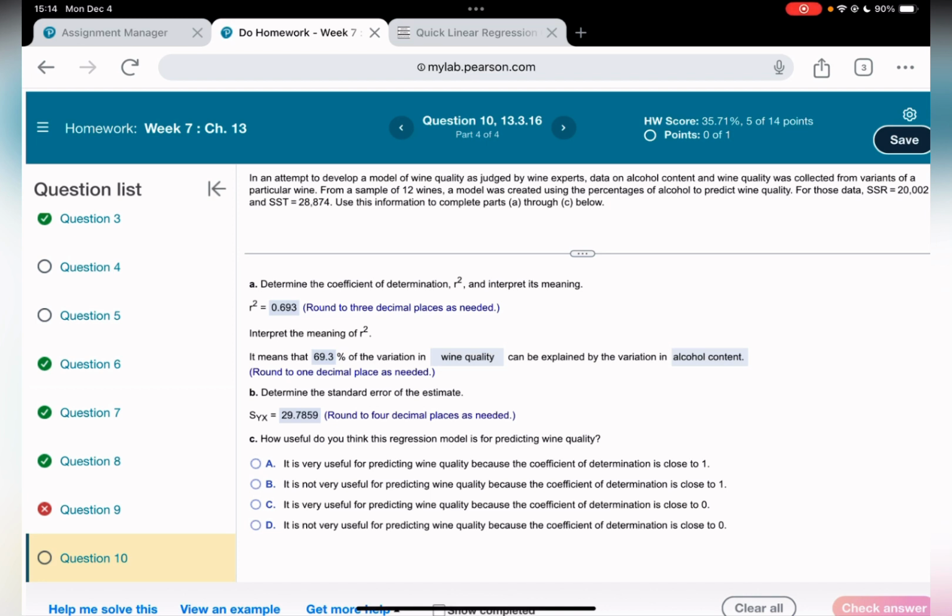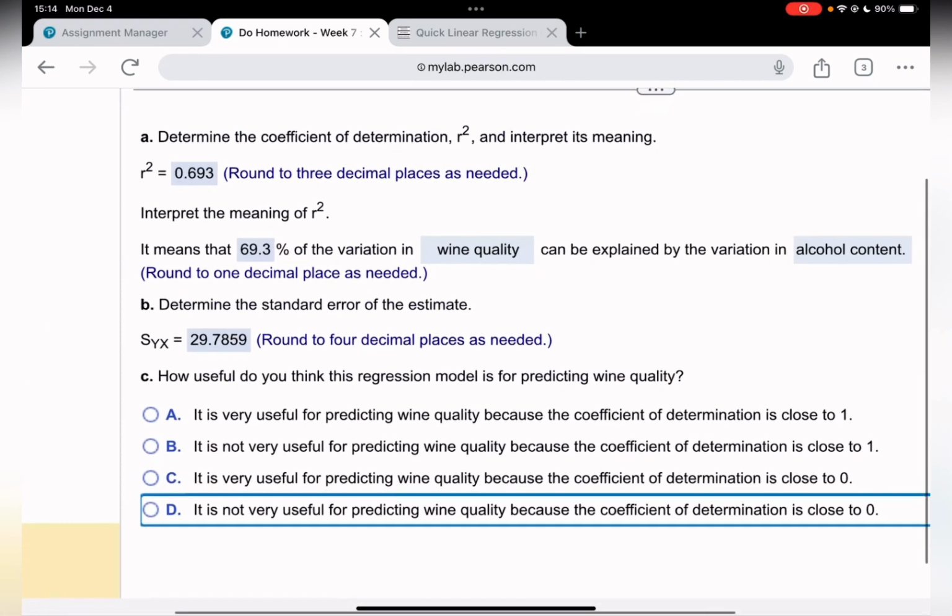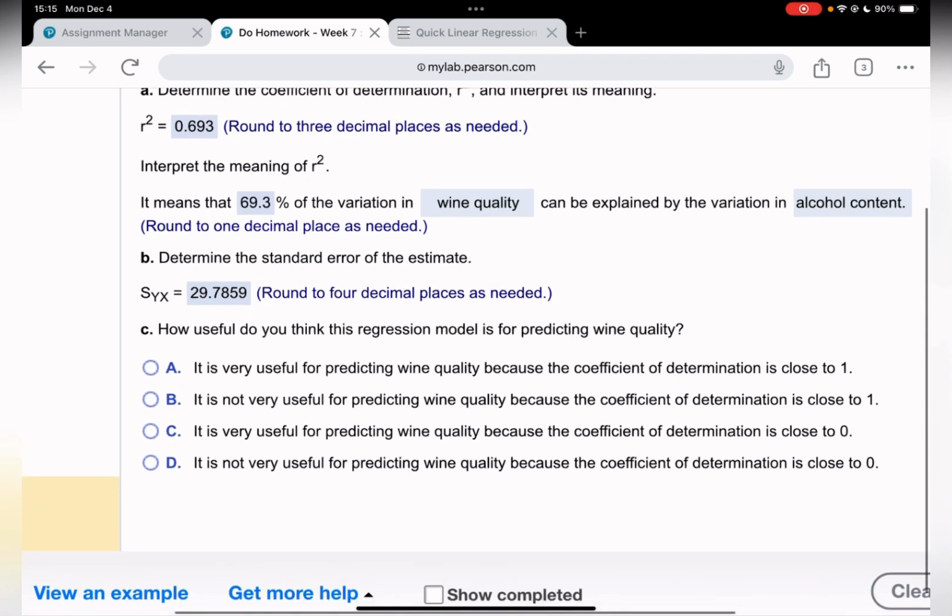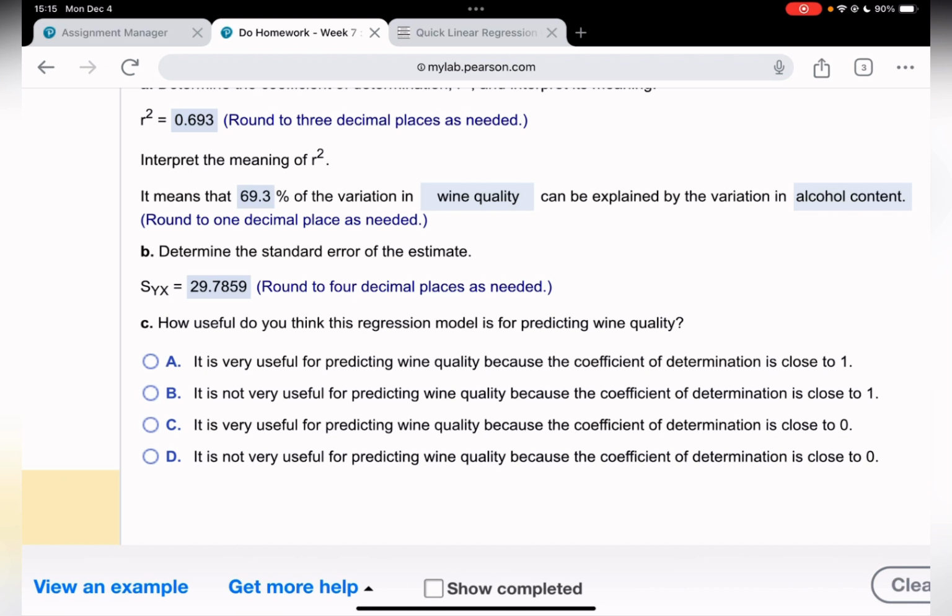So what is next? How useful do you think the regression model is for predicting wine quality? Obviously, if it's 69.3%, that's pretty good, huh?